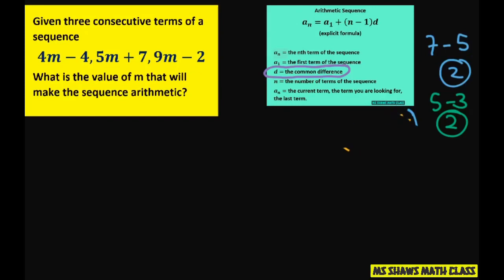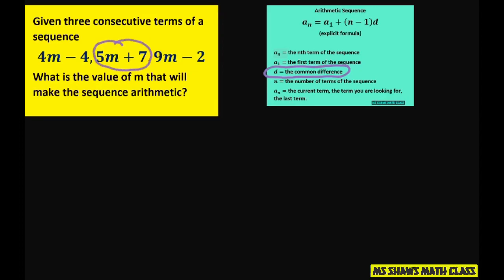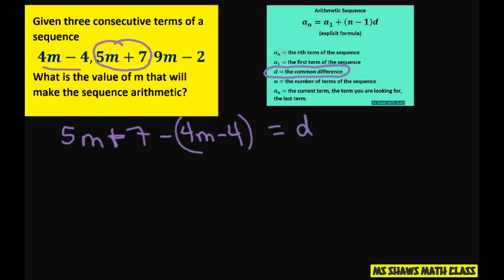I'm going to erase this really quick. I'll start with this one, 5m, the current term I'm looking at, and subtract the previous term, so minus (4m minus 4). That's going to be your common difference.